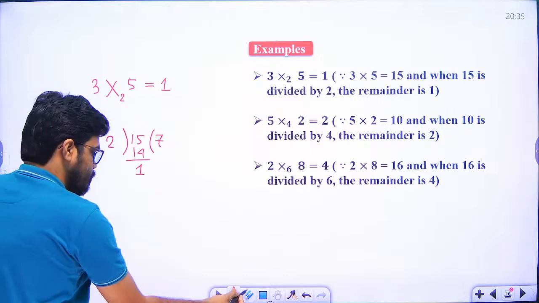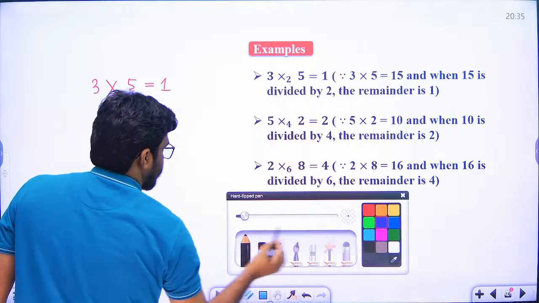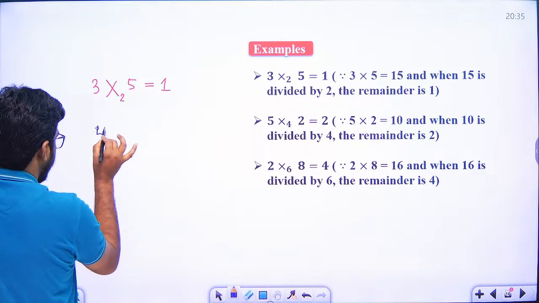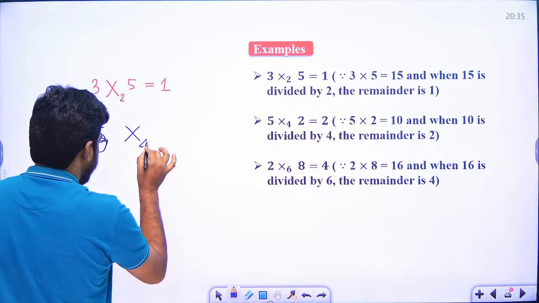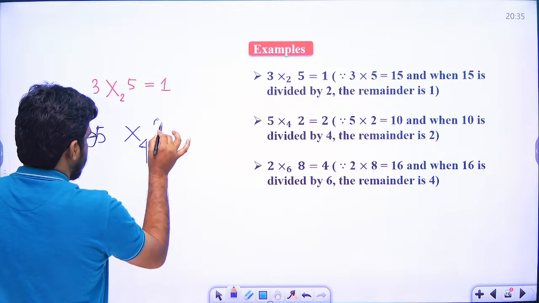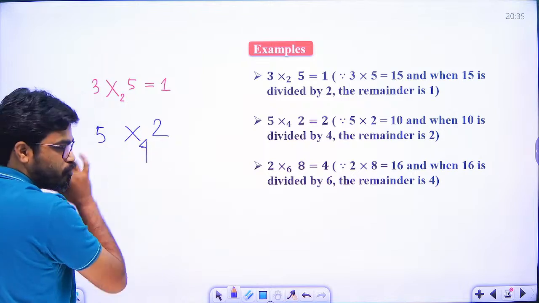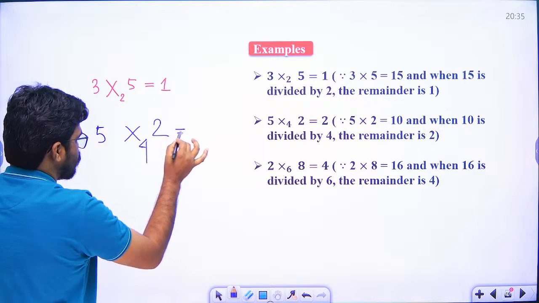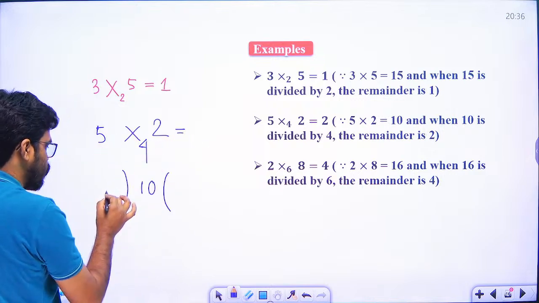Okay, similarly suppose we consider 5 into 4, 5 multiplication modulo 4. What do we get? 5 into 2 is 10, and we divide 10 by 4.